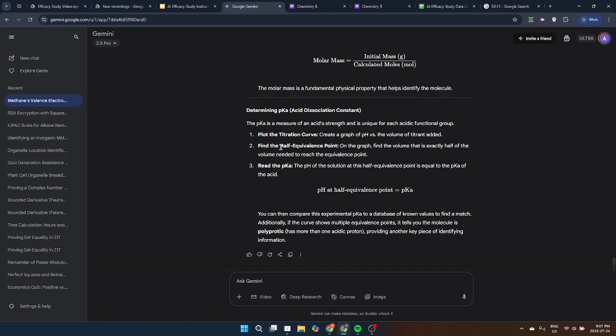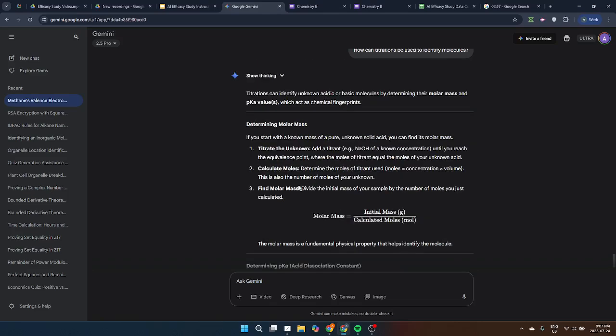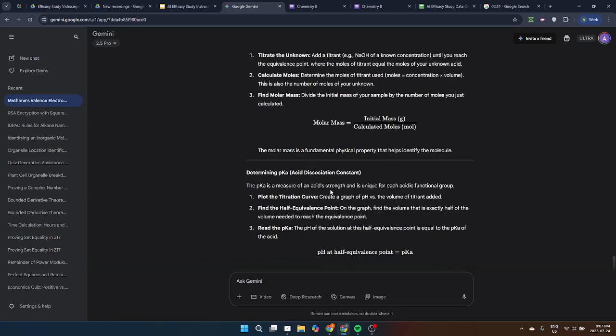And this kind of thing, which we probably won't have to use in this OChem test. I mean, this is all correct, but this doesn't particularly help me that much. Chemical fingerprints. So I guess, is it acid strength?